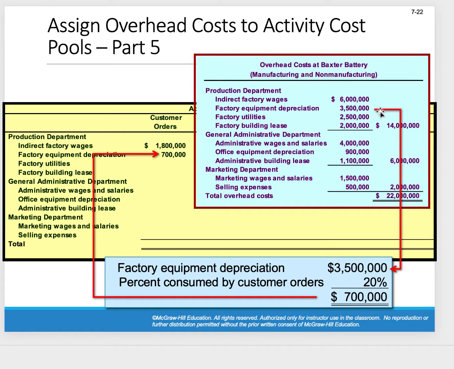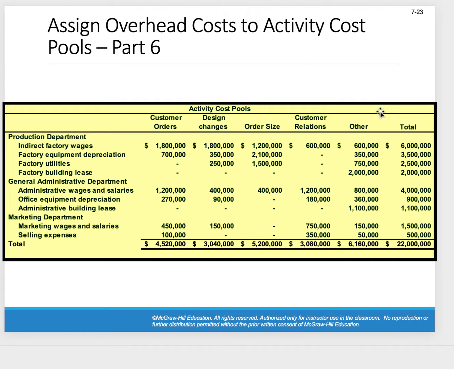Remember, in that interview, that production manager says, 20%. Okay. The total factory equipment and depreciation is $3.5 million. We're going to multiply that by 20%. That's $700,000. So $700,000 of that total cost gets allocated to the activity cost pool of customer orders. Okay, we do that all the way down and we get the total cost for each activity cost pool.